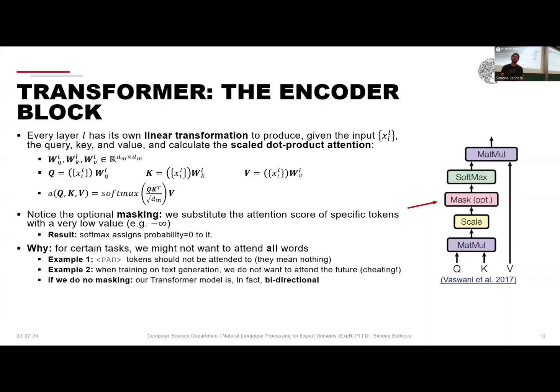Otherwise, we are cheating. We're seeing the future. If you're generating "this pizza was horrible, I hate it", and we can see "hate" while generating "horrible", it works, but the model doesn't learn. You probably can overfit and just take a shortcut, learning a shortcut, right?